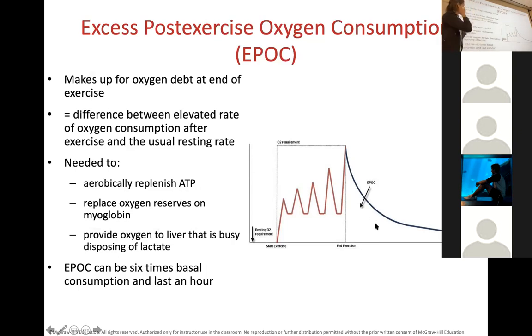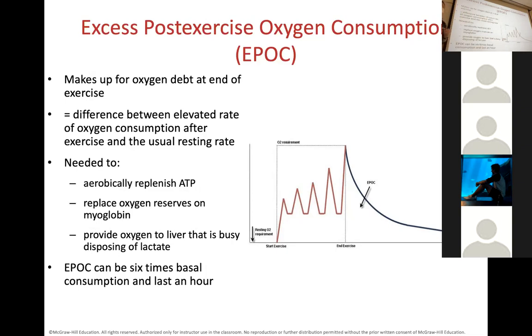It's just the difference between the elevated rate of oxygen consumption after exercise is over and where it would normally be at a resting state. It tapers off. We don't even see the end of it here in this graph, but it'll taper off and eventually, assuming you don't start exercising again, get back down to that baseline oxygen consumption. But this is necessary for a few reasons.